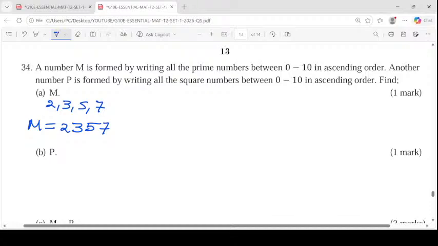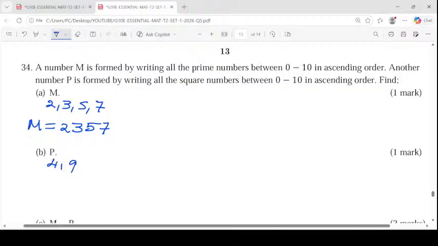P, the square numbers. The square numbers, these are numbers that have been squared, therefore you can get their square root. So the square numbers here are 4 and 9.